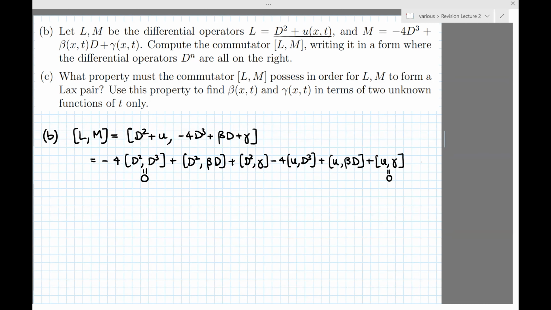Okay, so next let's compute the four non-trivial terms. First we have the commutator of d squared with beta d.